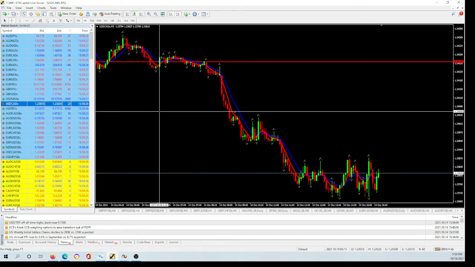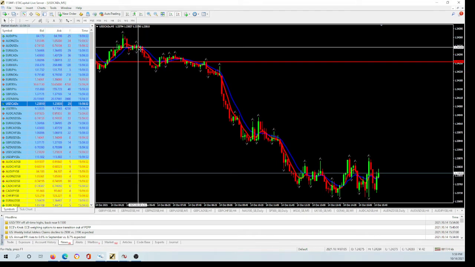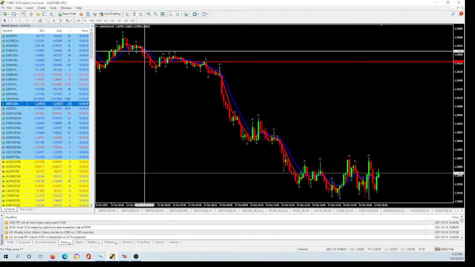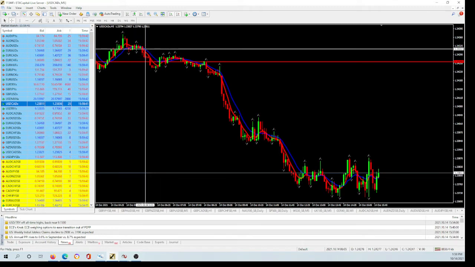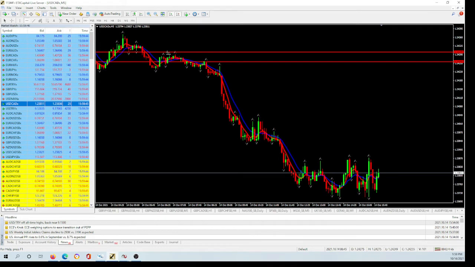And the opposite is true. When the 7 EMA crosses below the 14 EMA, as you can see here, this is the cross, then that is a sell. So your entry will be the cross, which is here.